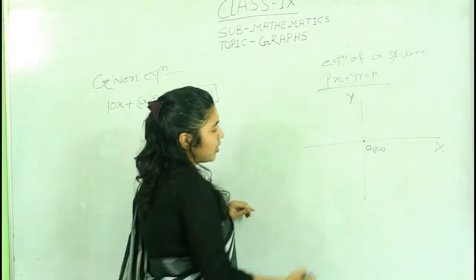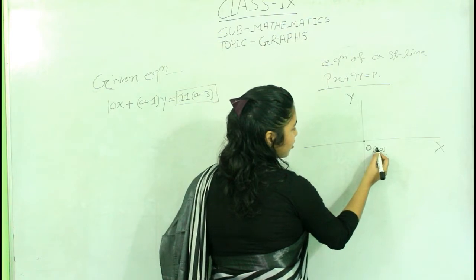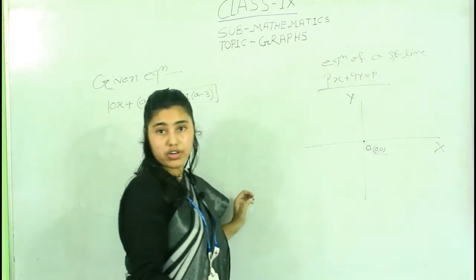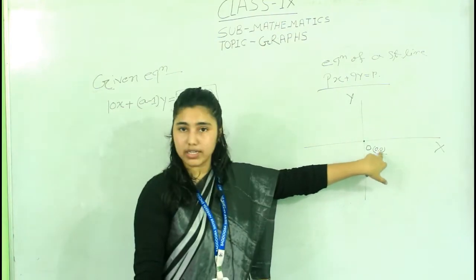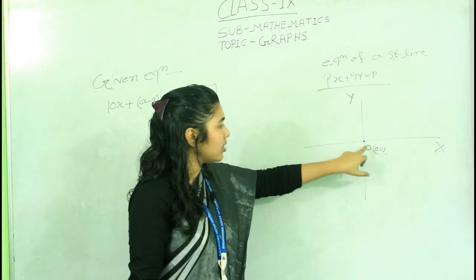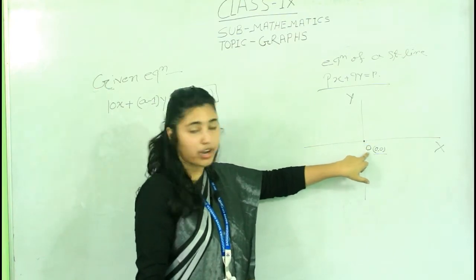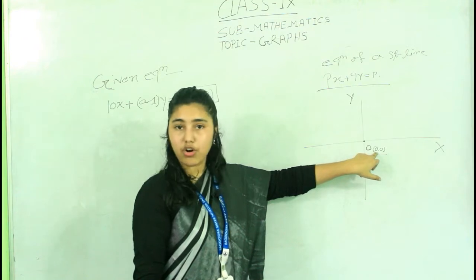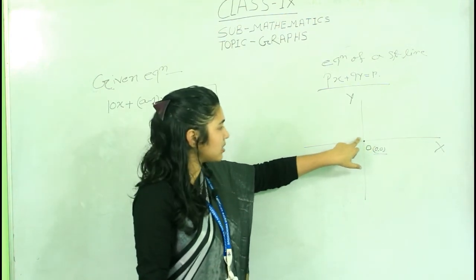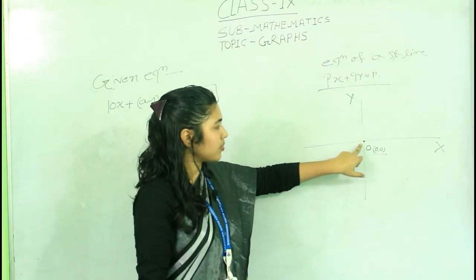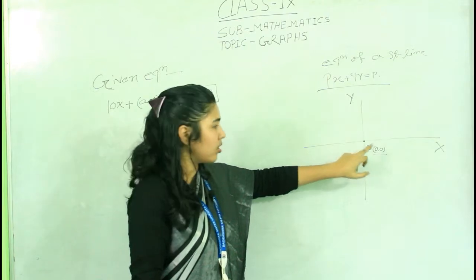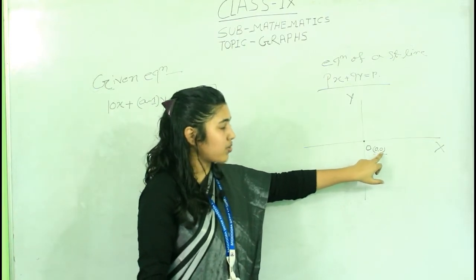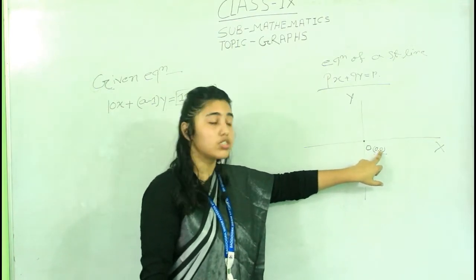If this is a point, then the first one is the x coordinate and the second one is the y coordinate. So the x coordinate is 0, and the distance from the y axis is also 0, that's why the second coordinate is also 0.